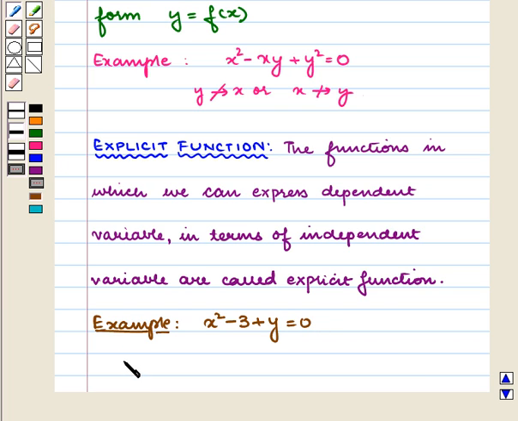We can write it as y is equal to 3 minus x square. So here we have written y in terms of x, that is y is equal to f(x), so it is an explicit function.